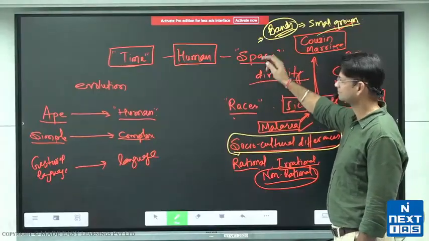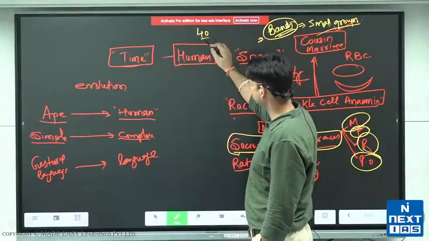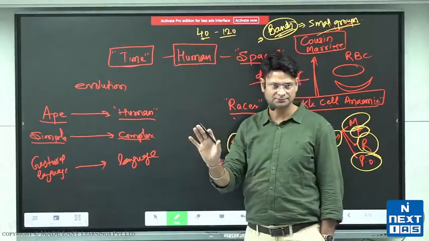ठीक है? So what we are trying to understand is that the small tribal people live in bands. Okay, a band is a small group of up to 40 to 120 individuals. इतने ही लोग रहते हैं इसमें. Right?